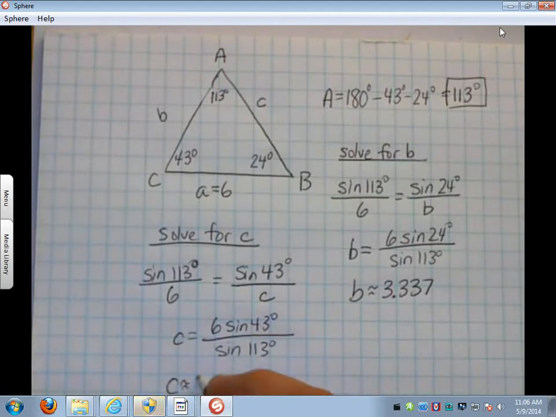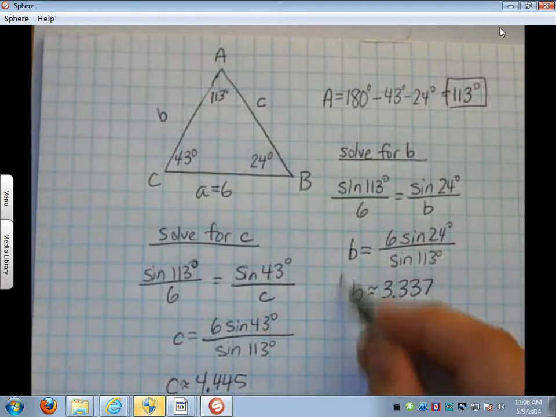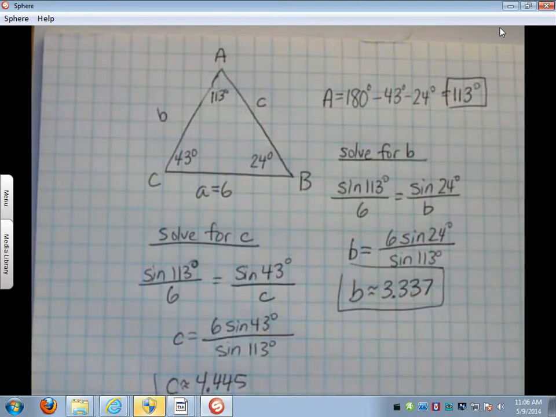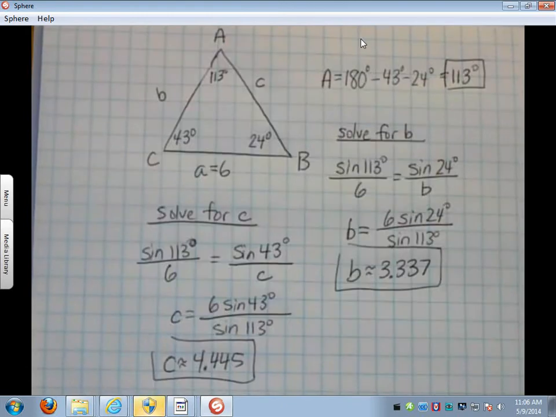And c is about 4.445. So here we have solved the triangle.